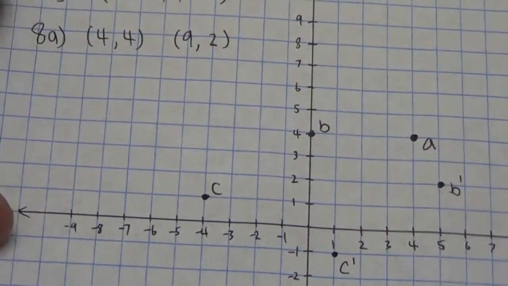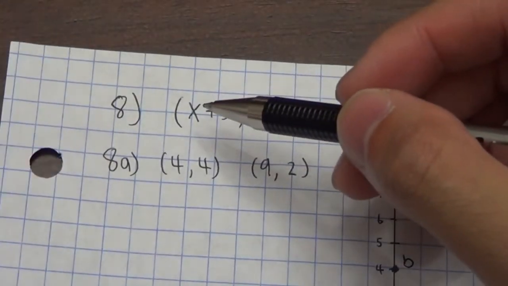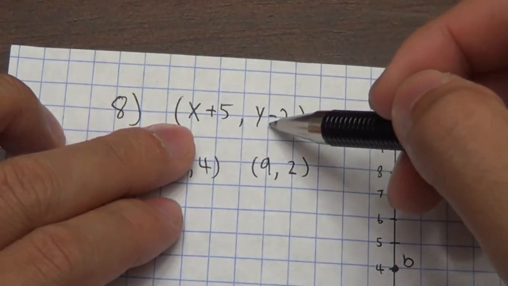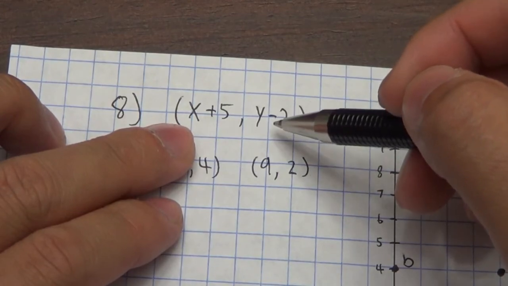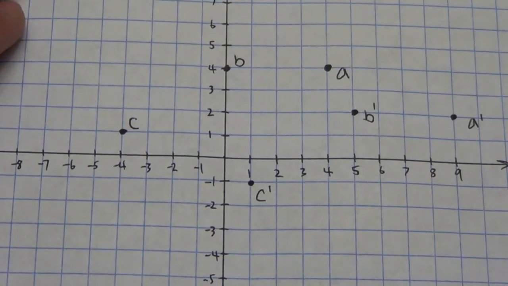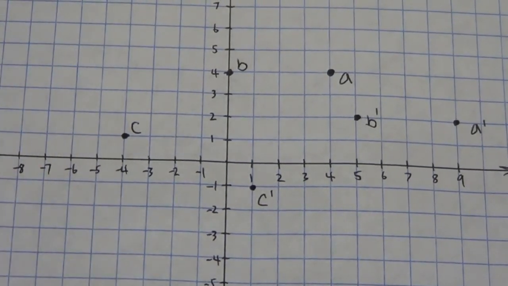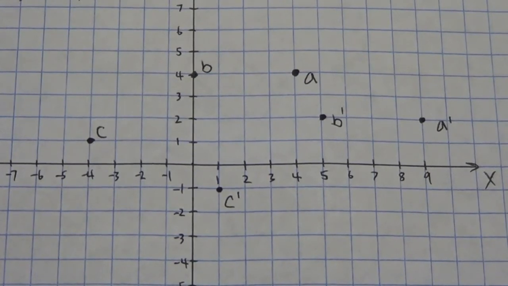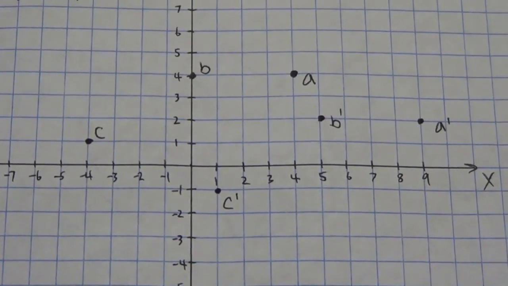And if you want to use the math method, plug in -4, you would get 1, and you plug in 1, you would get -1. So 1, -1 is right there. Depending on what you're more comfortable with, I would suggest using that method, and you can always use both to double check your answer.